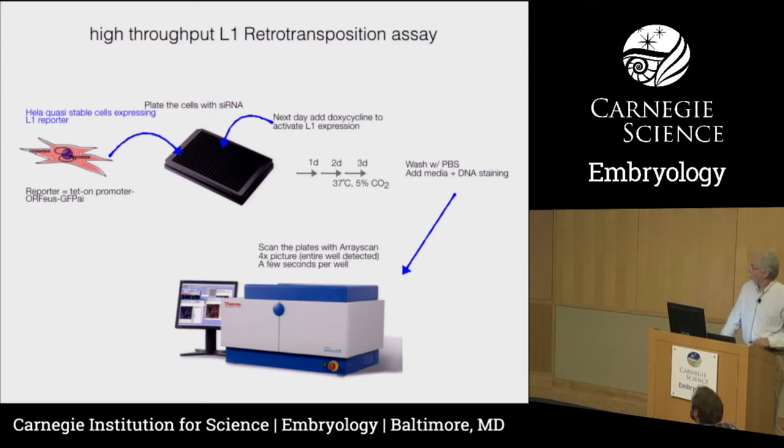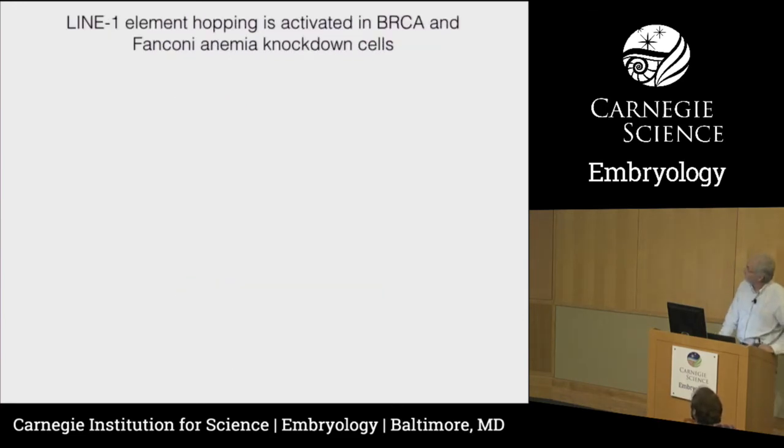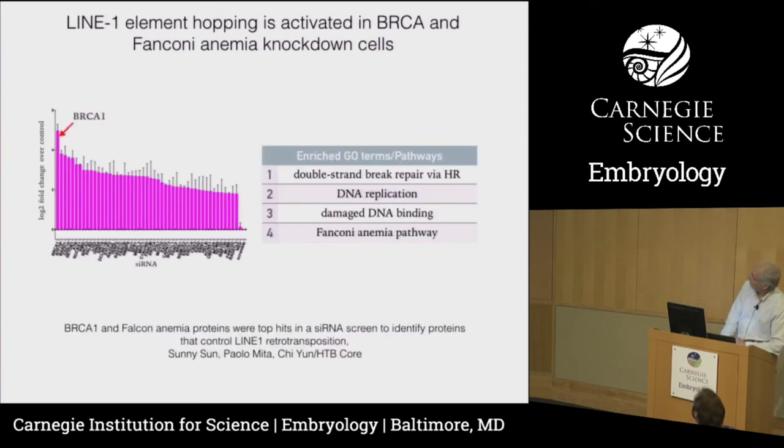And then we used a microscopy-based scan to look at the frequency of green cells. And what we found at the very top of our heap was a cluster of proteins that, when knocked down, resulted in a very much higher level of retrotransposition.